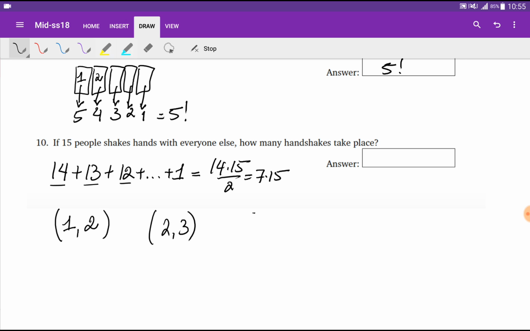So the number of ways of choosing 2 different persons out of 15 is the combination of 2 out of 15, which will be 15 factorial divided by 13 factorial multiplied by 2 factorial. So this will be equal to 14 multiplied by 15 divided by 2, or simply again 7 multiplied by 15. So this is all the questions of the first part.